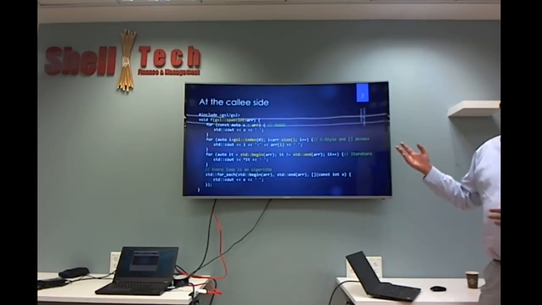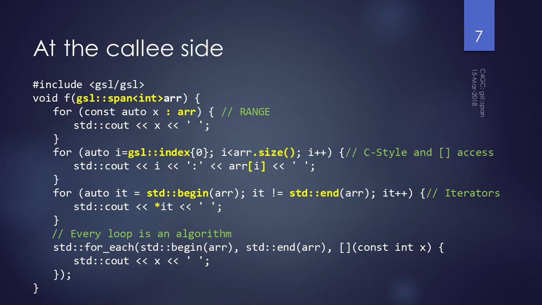With span, our life is good, really good. Why? First of all, C++11 range loop. Cool. Okay, but there will always be those who say, I need the index. I want the C style loop. So there is a C style loop.